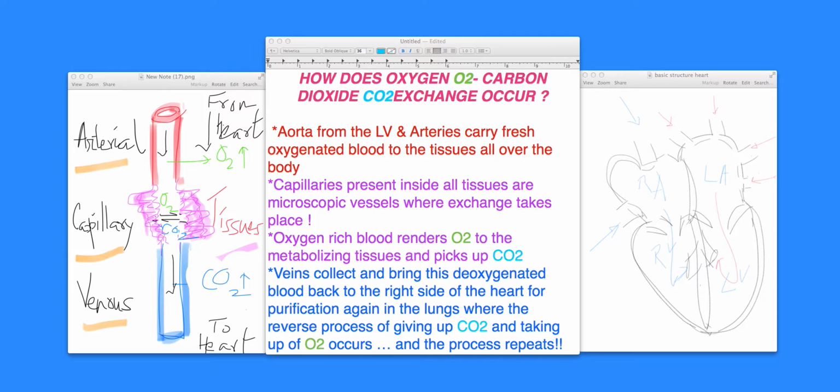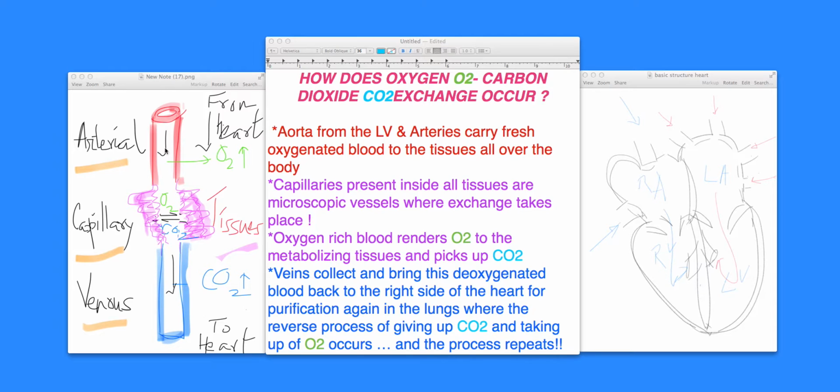Now the freshly oxygenated blood, which looks bright red, comes to the left atrium via the pulmonary veins. Then it passes through the mitral valve, and this oxygen-rich blood is pumped through the aorta up into the brain and to the rest of the body. The aorta and the left ventricle and the arteries all carry fresh oxygenated blood. The right side carries deoxygenated blood.